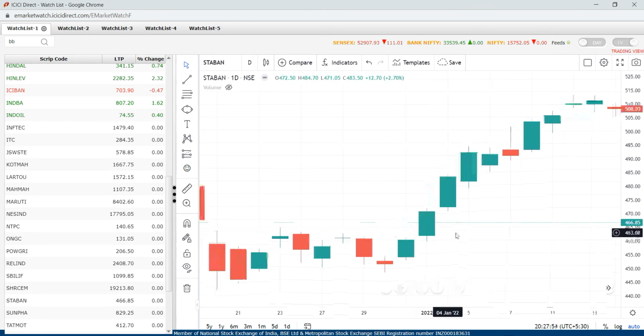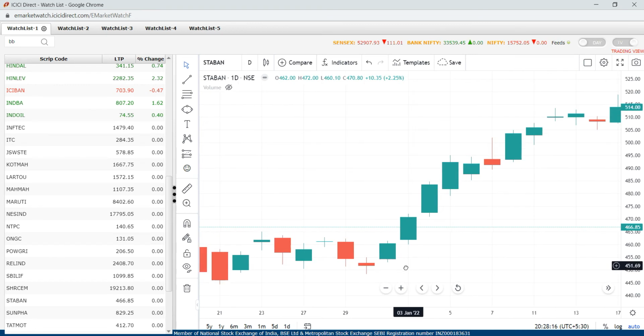So how do you take a trade on it? Whenever you find a morning star in a downtrend, you always have to look at the first candle and the third candle. The third candle's closing should always be more than 50% of the first candle.